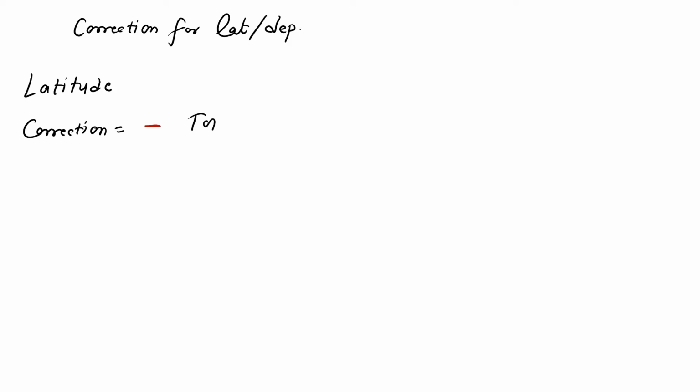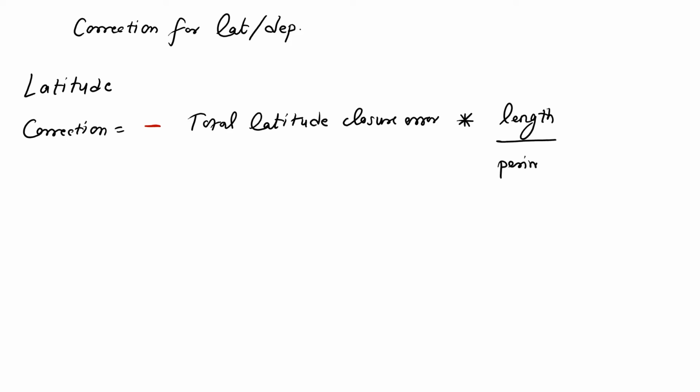So the total latitude closure error, okay, we take this and we multiply this by the length, or you can also call this the distance, and we divide this by the perimeter.